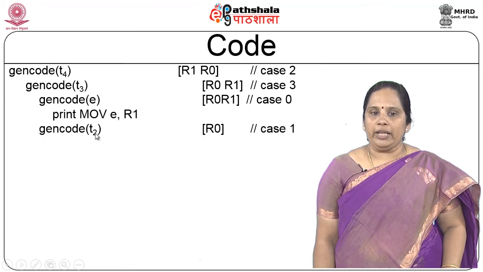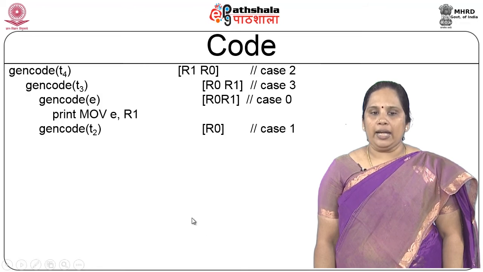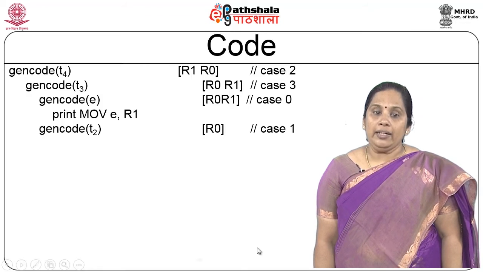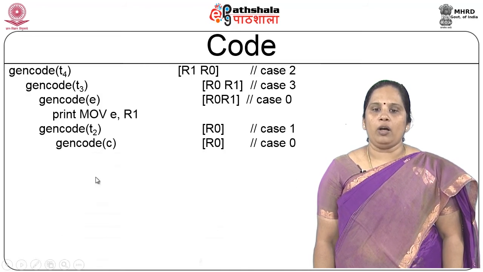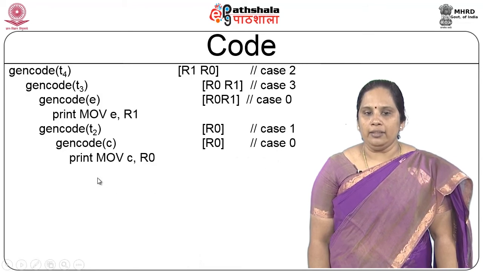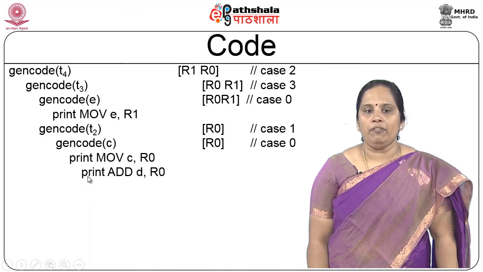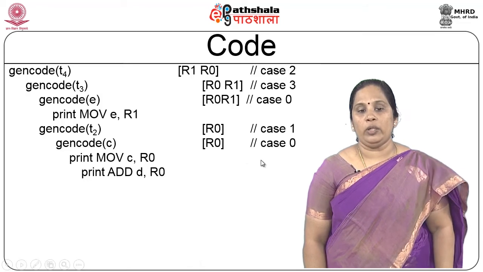So gen code of T2, that is the interior node. In that case the interior node will have a left label as 1, right label as 0. So if the right label is 0, I have to simply call gen code of C, which is again case 0, and then this is the command for gen code of C, and then I have to print add D comma R0, because that is how this case will terminate.